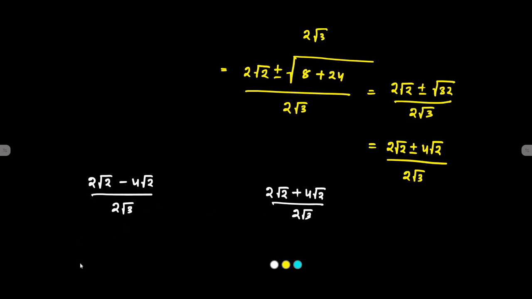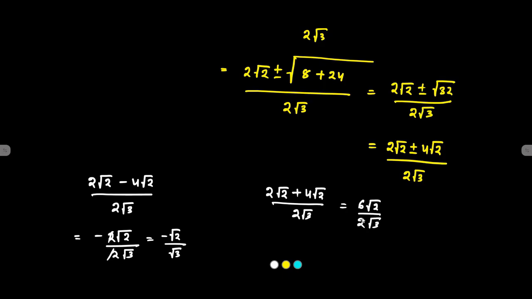So in this case it is equal to −2√2 by 2√3, 2 gets cancelled, so we have −√2 by √3, and here it will be equal to 6√2 by 2√3.